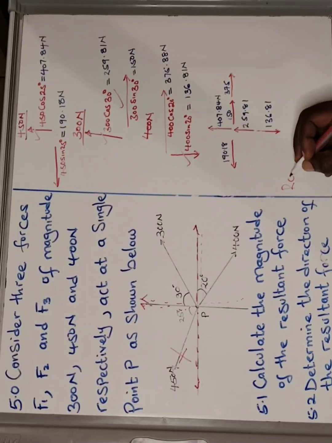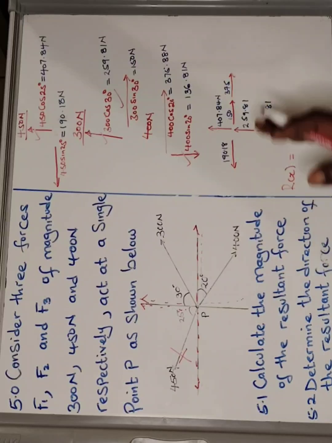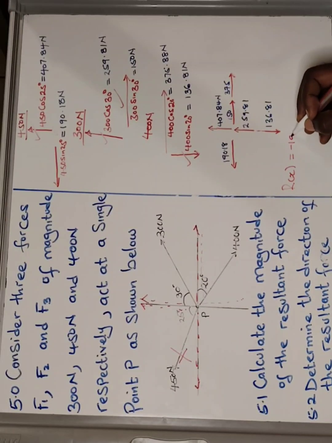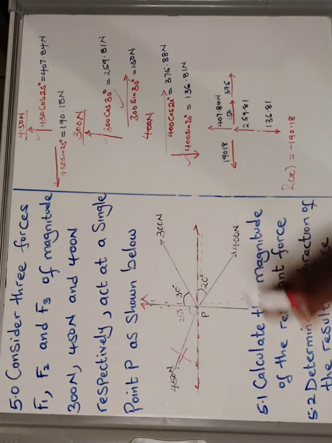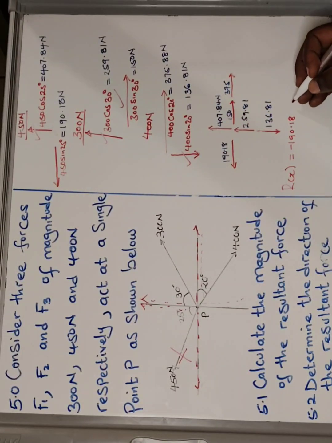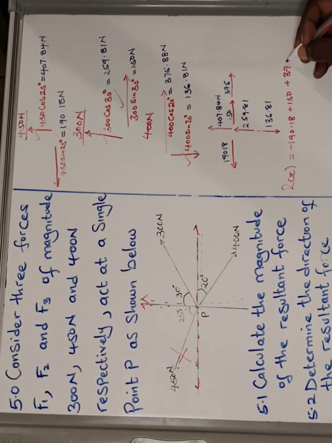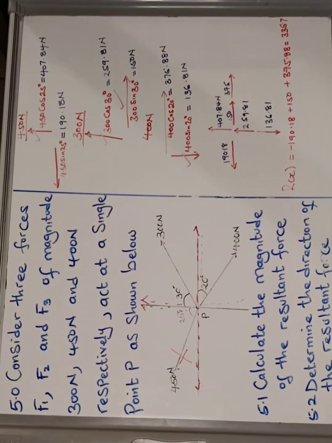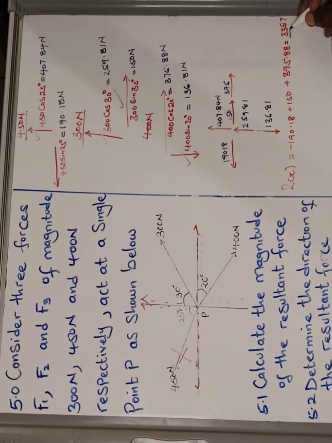Resultant in x-axis is going to be equal to negative 190.18, I'm taking this one negative because it is to the left, plus 150 plus 375. What you get is going to be the resultant in the x direction, and it is positive.